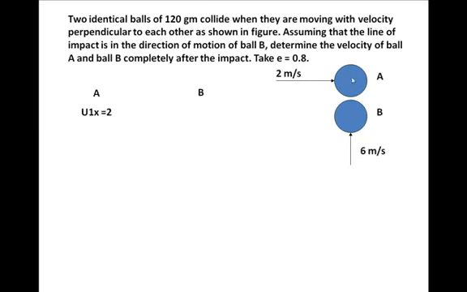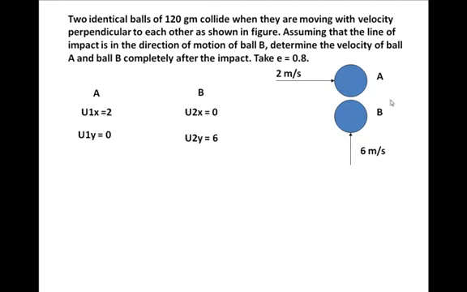u1x, that is initial velocity of body A in x direction, is 2. Initial velocity of body B in x direction will be 0, so u2x is 0. u1y is 0 and u2y is 6. Now impact is along y-axis. They've given that.